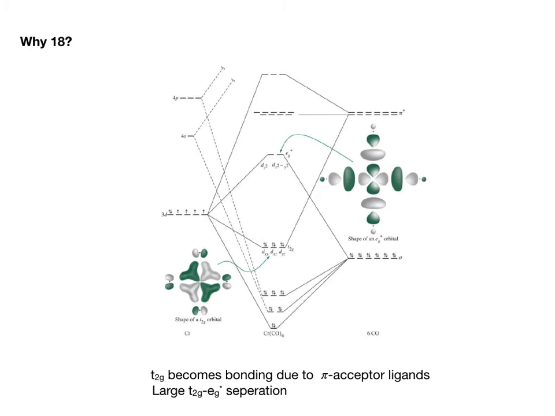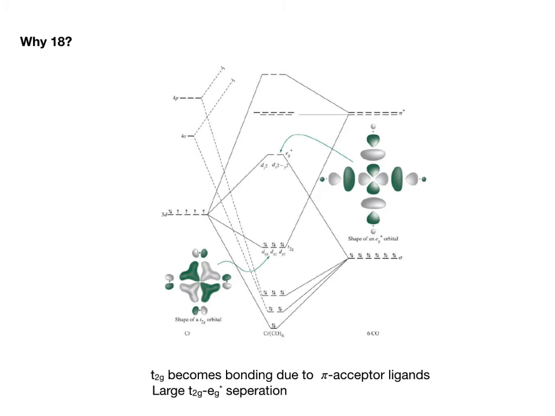In another situation, if the eg star and the T2g level separation is pretty small, again maybe because there is no pi acceptor level, or maybe there's even a pi donor level, in those cases the system would probably also be fine with putting electrons in the eg star level.